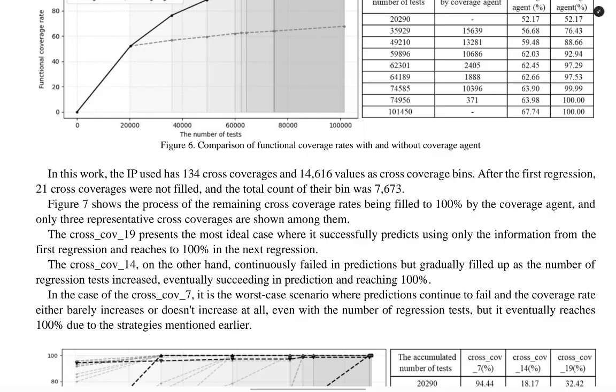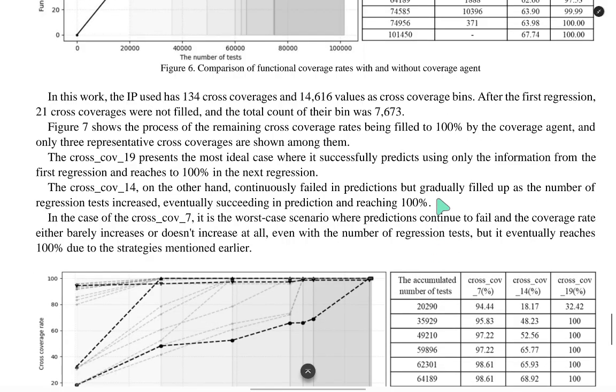Cross coverage 19 presents the most ideal case, where it successfully predicts using only the information from the first regression and reaches 100% in the next regression. Cross coverage 14, on the other hand, continuously failed in predictions but gradually filled up as the number of regression tests increased, eventually succeeding in prediction and reaching 100%.